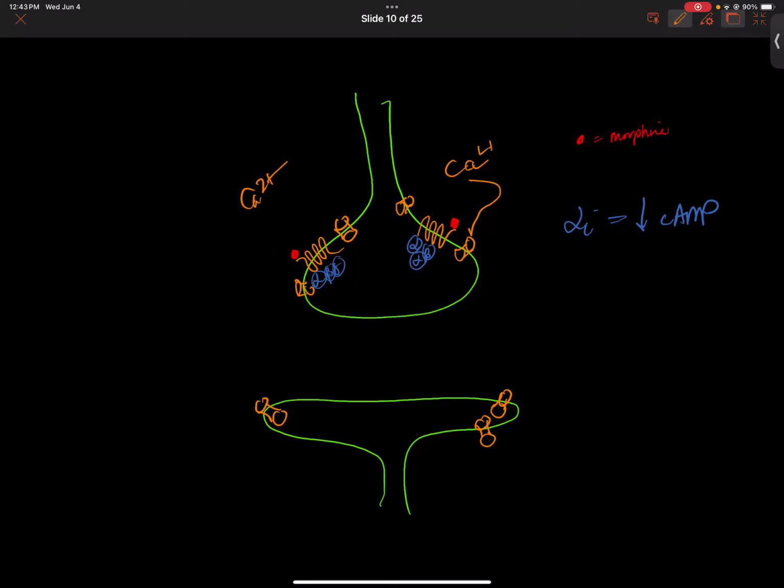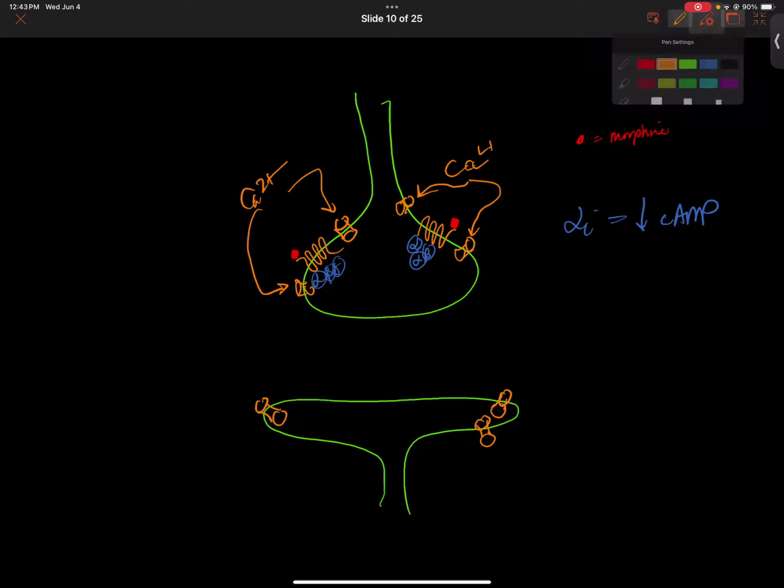All right, so here's a calcium channel presynaptically, let's say. The beta gamma subunit of the trimer can actually modulate the effects of these calcium channels. In fact, it can close them up, shut them down.